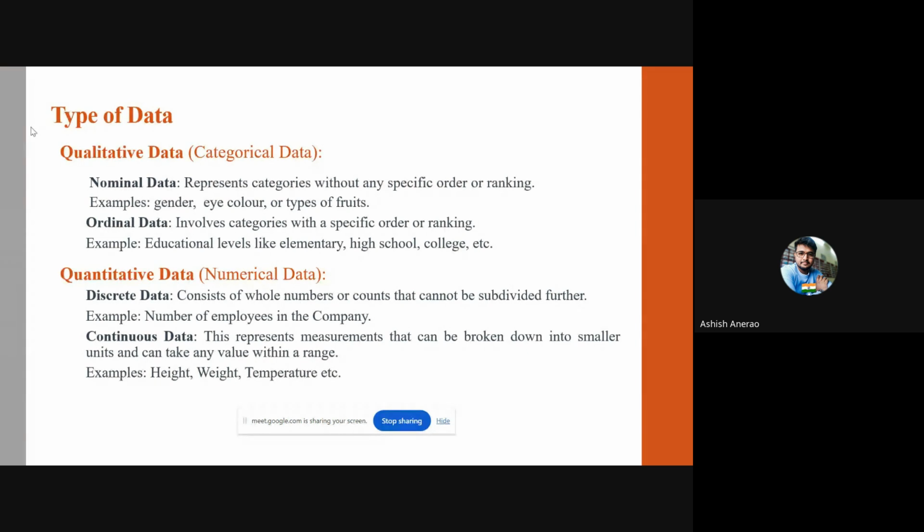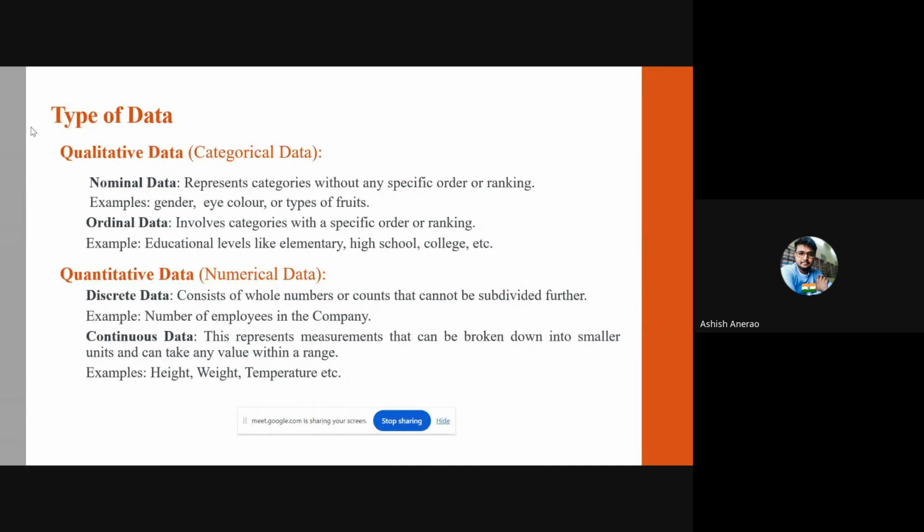Education levels: we start from nursery or elementary, then high school, after that UG, after that PG. These steps have a specific order or ranking. In examinations also there is a specific order: first rank, second rank, third rank. This kind of data comes under ordinal data.